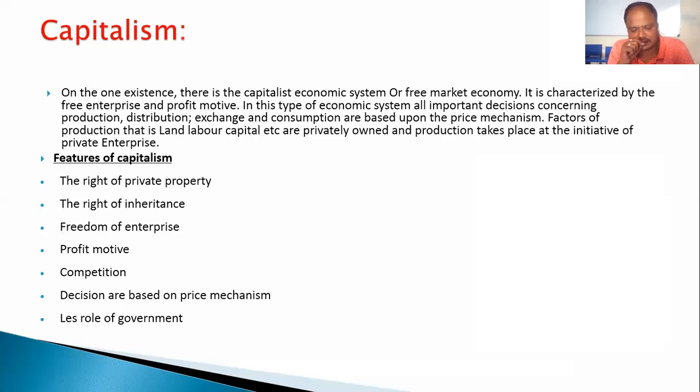So what do you mean by this? As I said, capitalism itself is money oriented, or profit oriented. Free enterprise and the profit motive. Free enterprise means anyone can enter and anyone can exit. It's totally free. You know that from the entrepreneurship we have discussed.